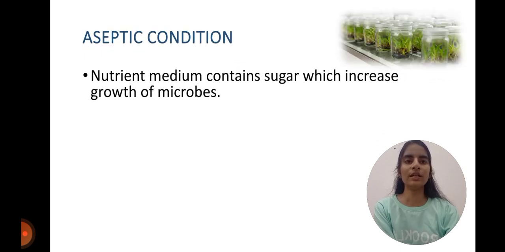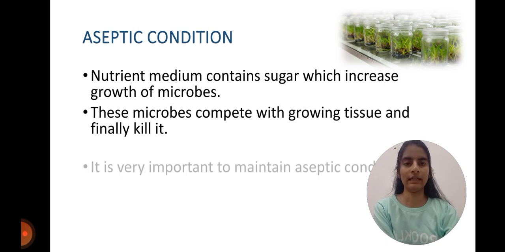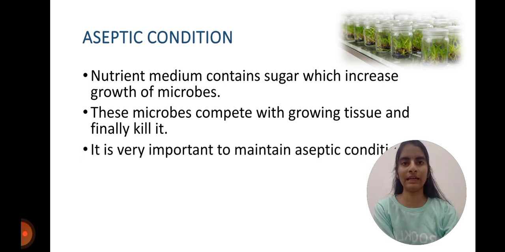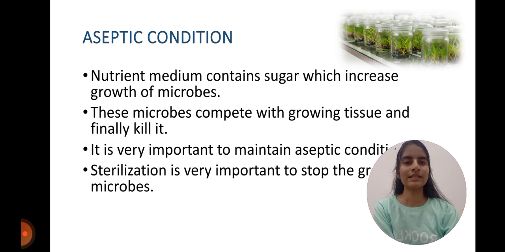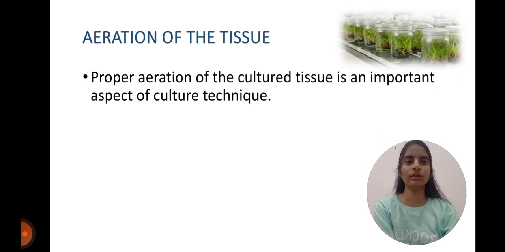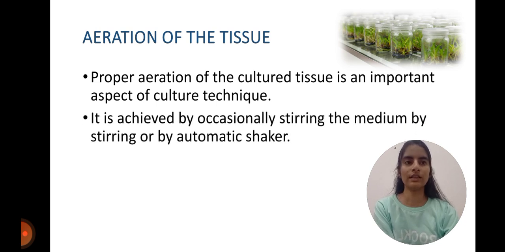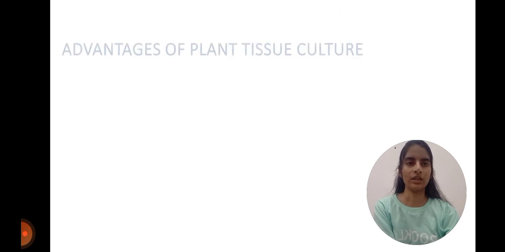The nutrient medium contains sugar, which increases the growth of microbes. These microbes compete with the growing tissue and finally kill it. So it is very important to maintain aseptic conditions, and sterilization is very important to stop the growth of microbes. And the aeration of tissues. Proper aeration of tissue is an important aspect. It is achieved by occasionally stirring the medium or by an automatic shaker.